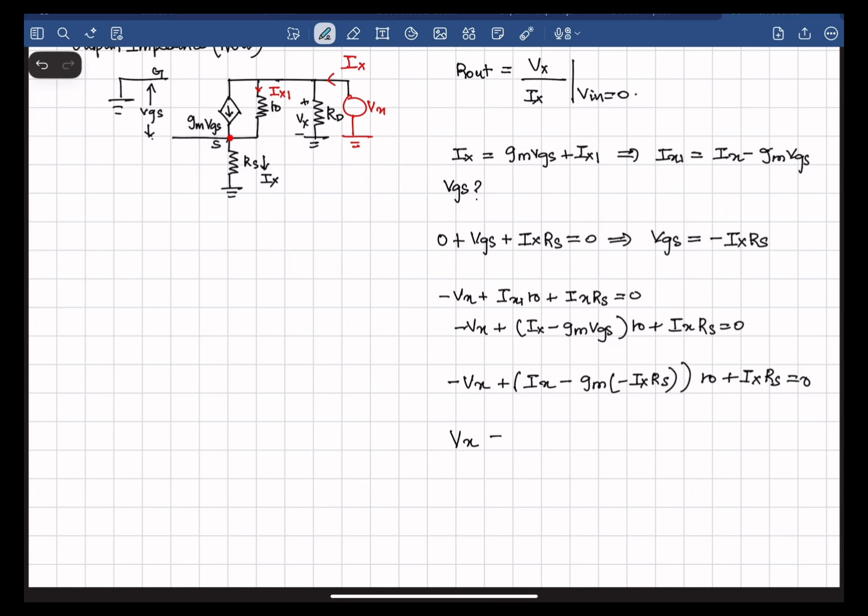Vx is equal to (Ix plus Gm Ix Rs) into Ro plus Ix Rs. And from this, we can find Vx by Ix, which is nothing but Rout, the output impedance, which is equal to Gm Rs Ro plus Ro plus Rs.